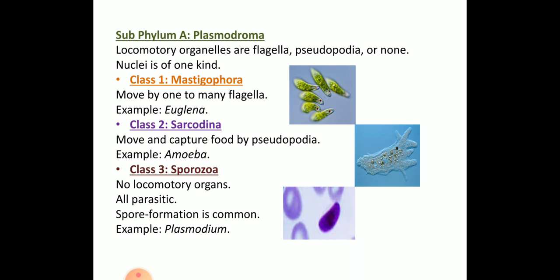The example is Plasmodium. You are familiar with the word Plasmodium. It is a parasite that enters the female Anopheles mosquito and later causes malaria. We usually call it a vector.